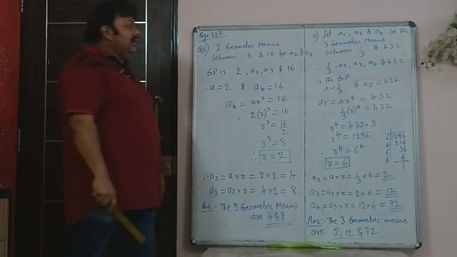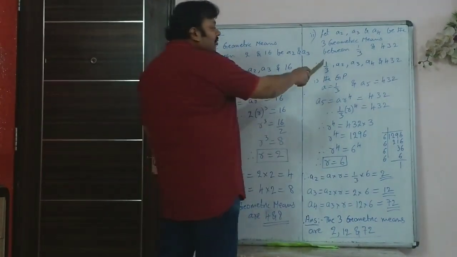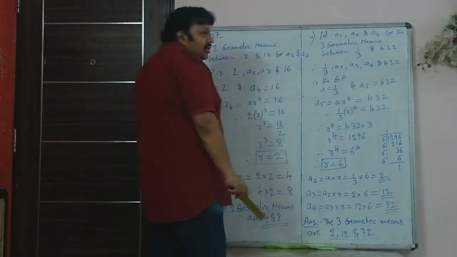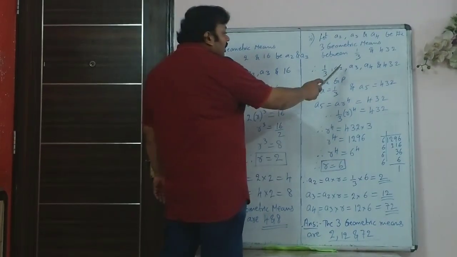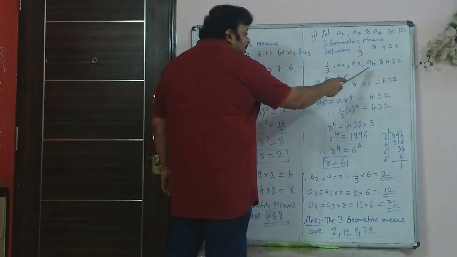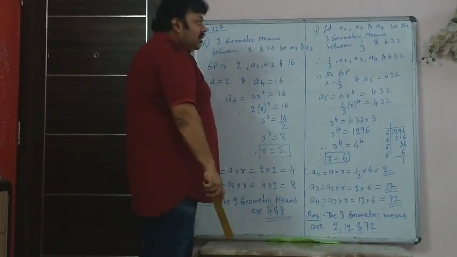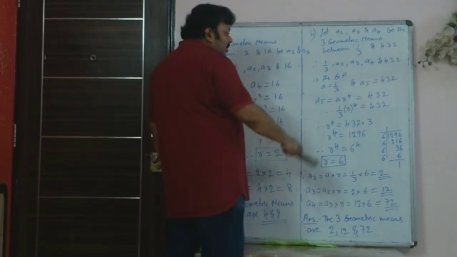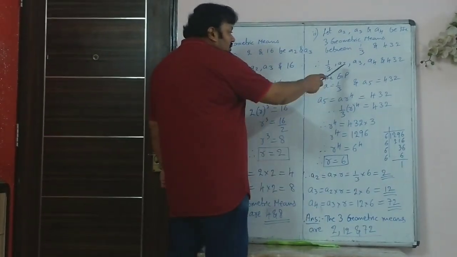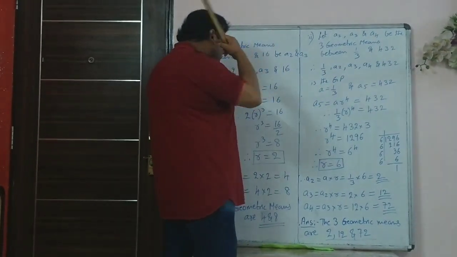Now same way in the second part they asked you to put three numbers in between 1 by 3 and 432. So here the fifth term is 432. So the three numbers, let it be A2, A3 and A4. So A2, A3 and A4 are the three terms in GP. So A is 1 by 3, fifth term is 432.